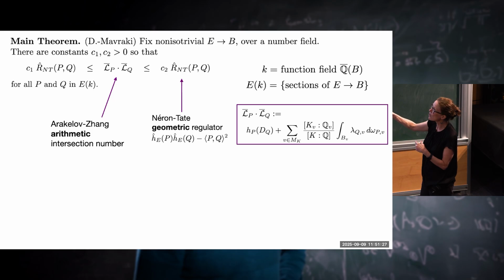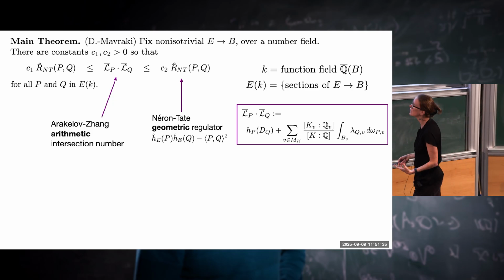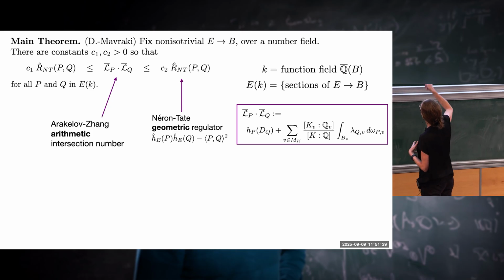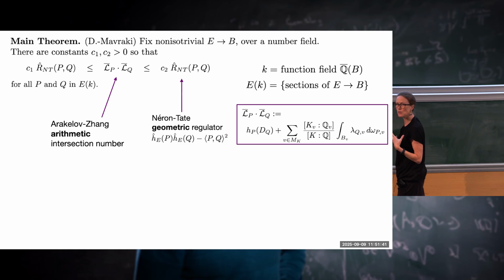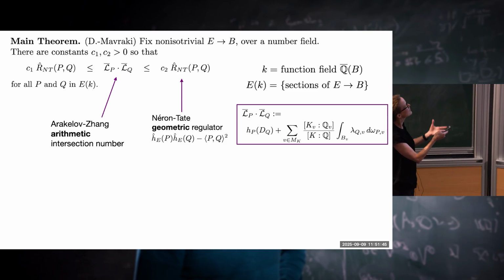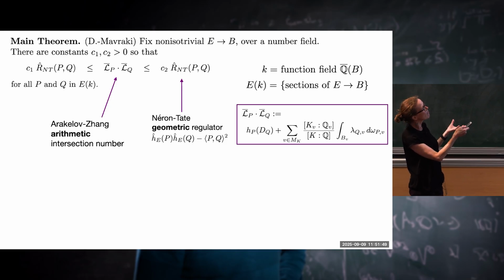These are arithmetic intersection numbers, keep in mind. This is data from working with these as sections defined over a number field. And it turns out that these numbers are actually comparable in size to what we call the Néron-Tate geometric regulator. This is just a thing defined in terms of the geometric height.